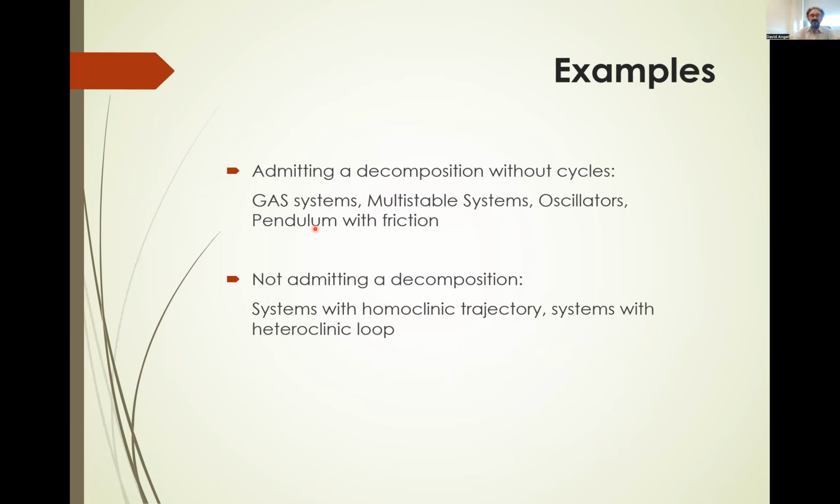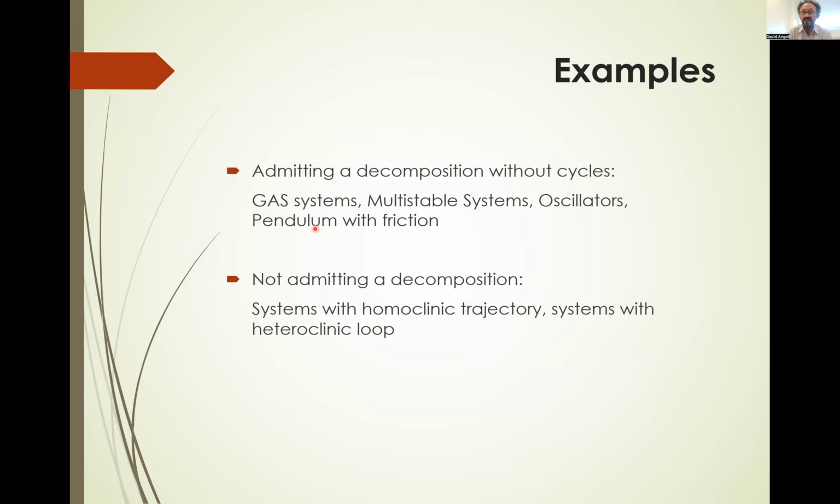So not admitting a decomposition are systems such as systems with homoclinic trajectories or systems with heteroclinic loops, also between non-trivial attractors, okay? And by the way, they do not admit a decomposition where you take as atoms of your decomposition the individual omega limit sets.